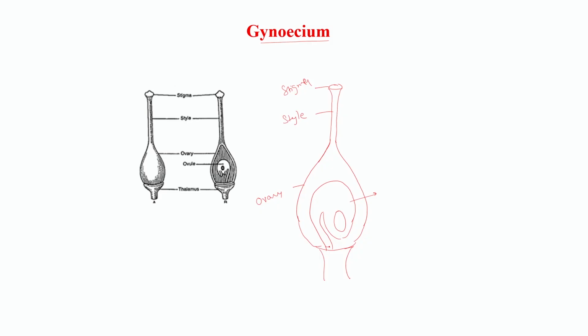They are attached to the ovary through the placenta, which is a tissue through which the ovule is attached. Now suppose this is the ovary wall, and through this placenta the ovule is attached. I am just drawing a single ovule structure to make you understand how it will look. The ovule will definitely be surrounded by wall layers.